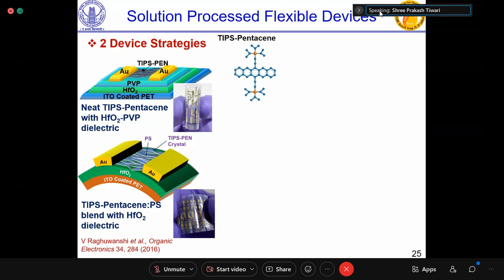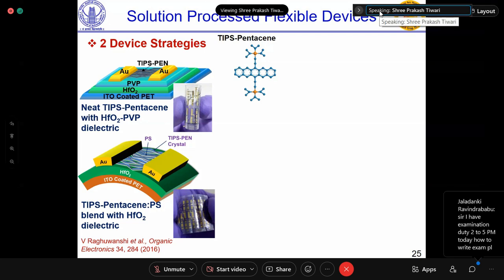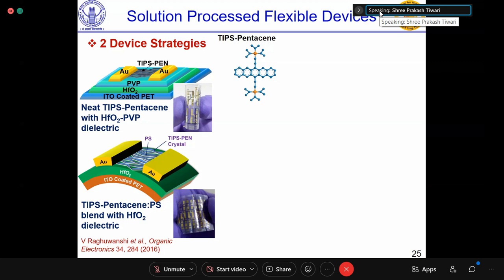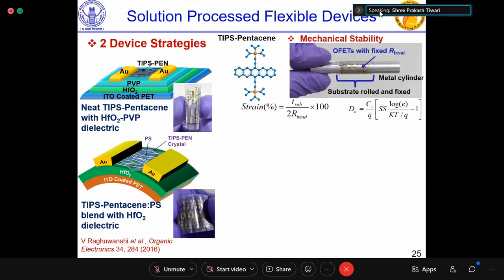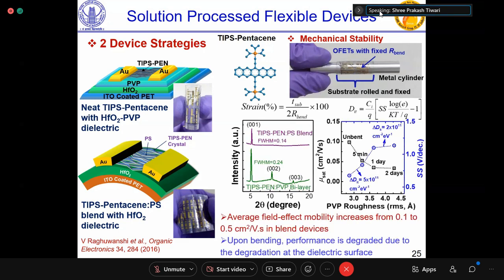Second structure, where we actually explored this vertical phase separation, where on hafnium dioxide, directly this polystyrene and TIPS pentacene mix was deposited, and because of phase separation, we got these devices. Okay. And see, these are all things like mechanical stability and interface traps, everything was studied. And we found that average field effect mobility in blend devices was higher.